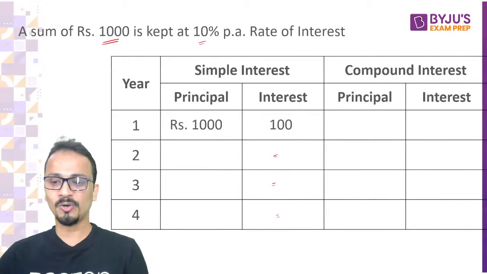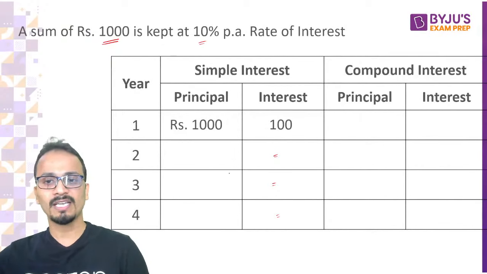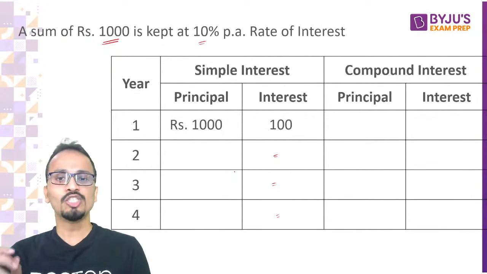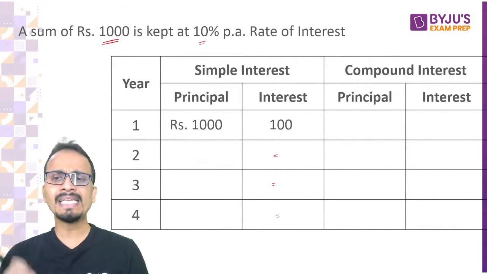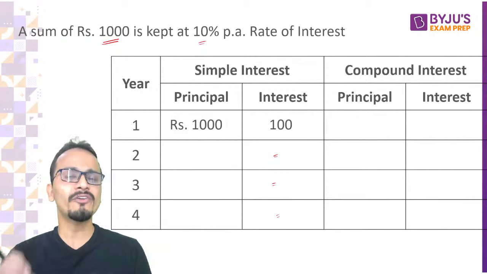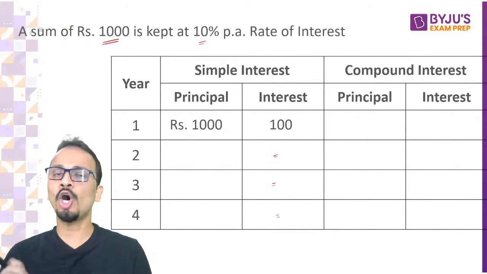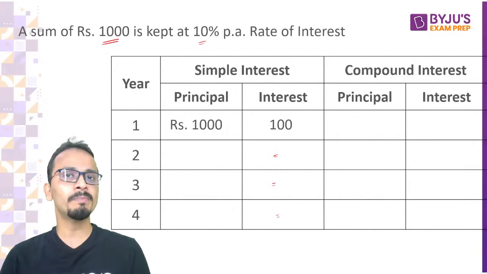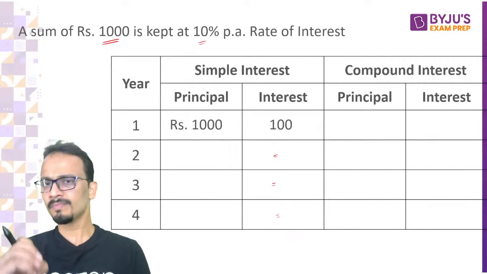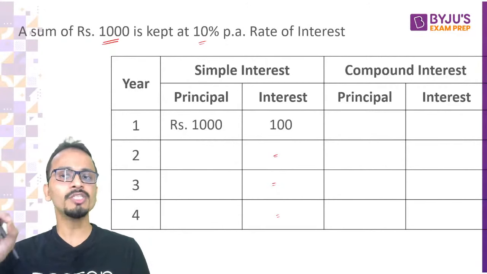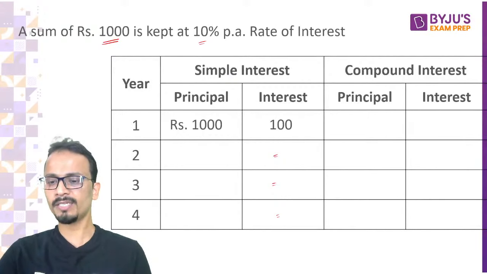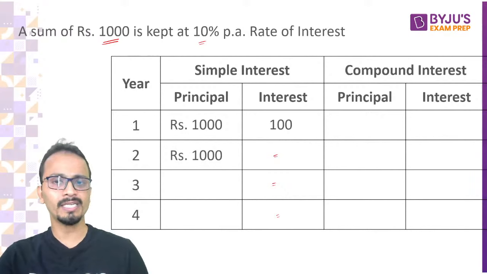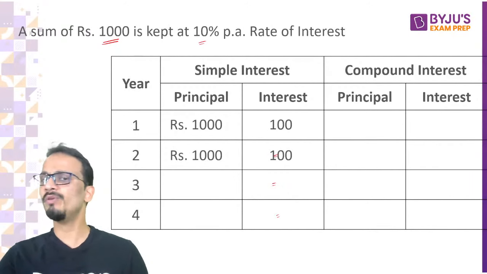So, friends, continuing with this fact. If we are talking about simple interest, since interest is always calculated on principal and principal will remain same, I can say that the interest for every year will also remain same. So for the second year, the principal is 1000 and interest will be 100.